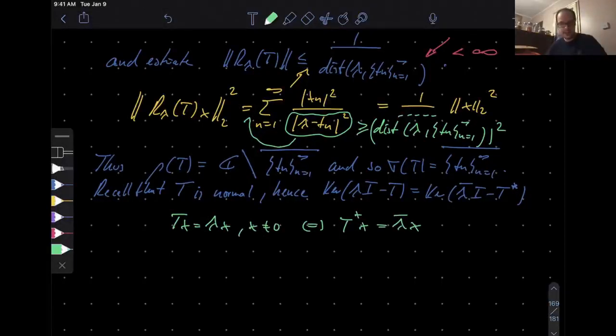And if you translate this over into the kernel language, then it's precisely this blue equality between the two kernels, okay? This was the very first result in this section, right? So let's erase it.